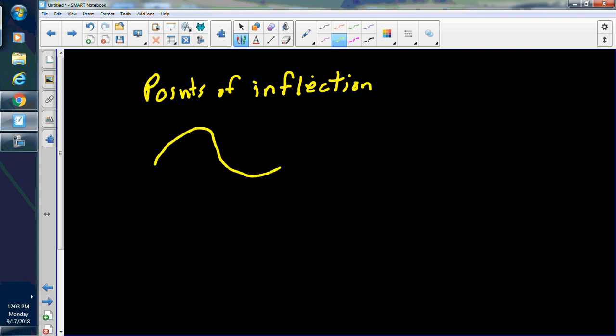These places where we change shape are called points of inflection. We have two types.